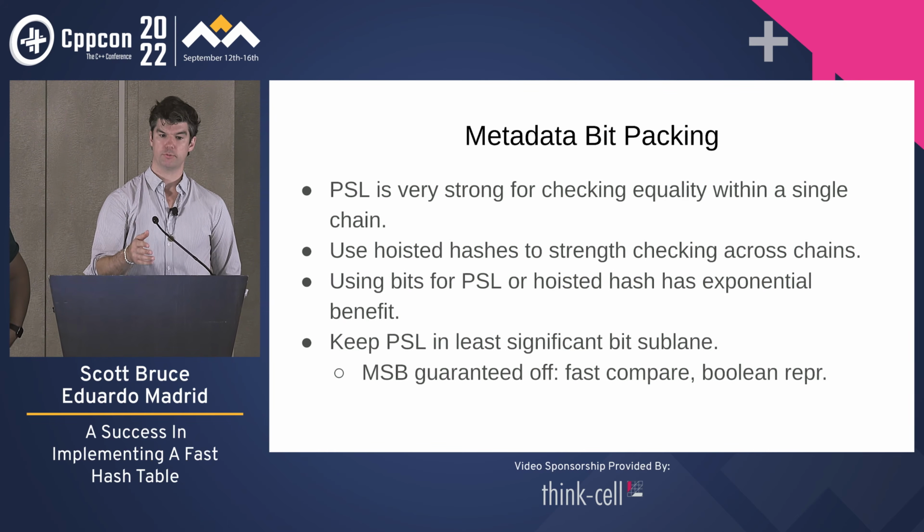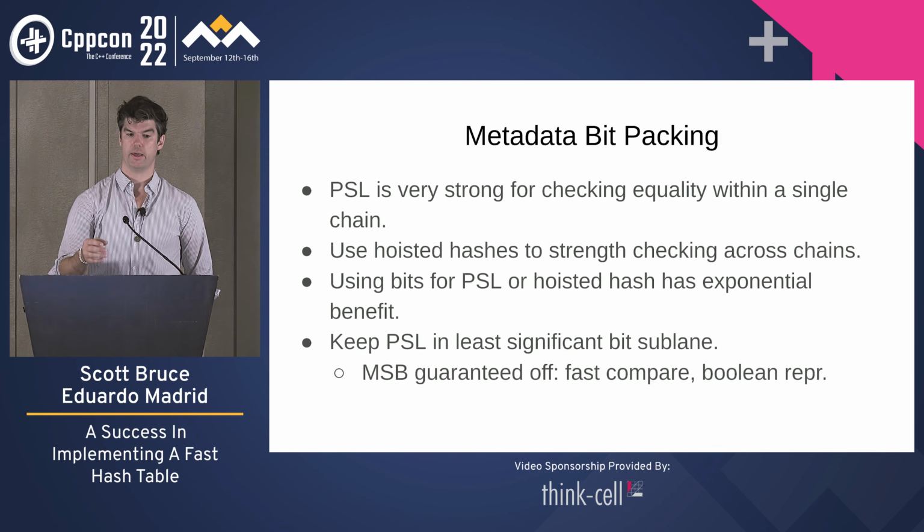Why do we only use probe sequence length bits and hoisted hash bits? We do this because we don't believe there is another way to use those bits that will give us the same exponential benefit in reducing the false positive rate. Every time you add a hoisted hash bit, you clearly get a factor of 2 reduction in false positive rate.